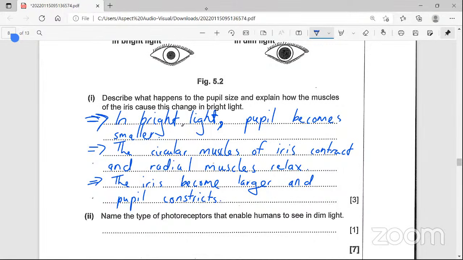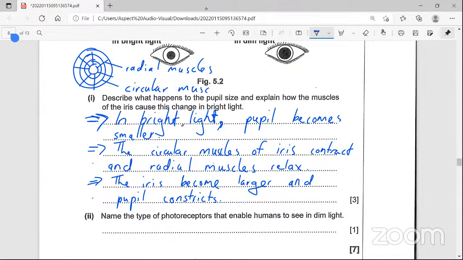So remember, in your eye you have those circular muscles like this, and then those muscles going radial like this. These ones in line are the radial muscles, and these are the circular muscles.